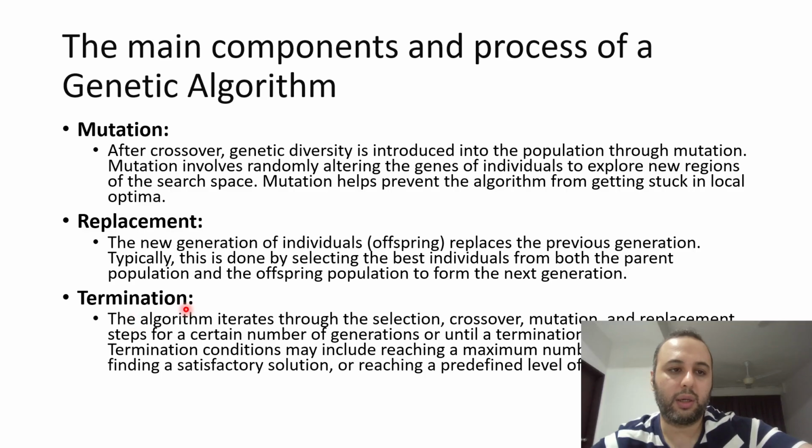In the replacement, the new generation from the offspring replaces the previous one. The termination condition of the algorithm can be the number of iterations, or some error, for example a percentage of error. If our algorithm achieves it, the algorithm will be stopped, terminated.